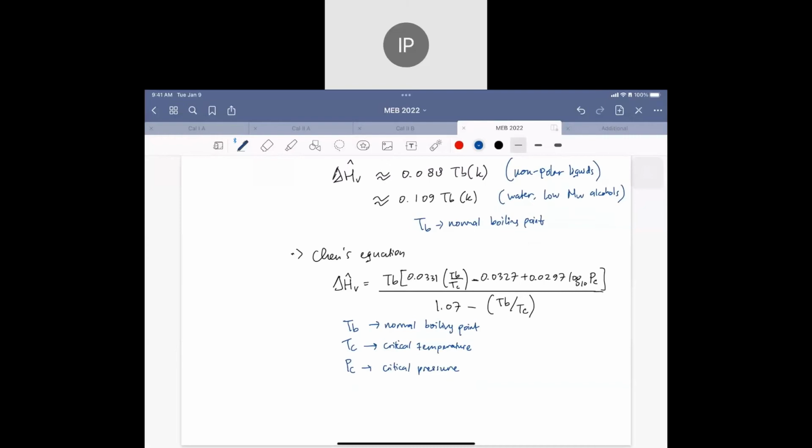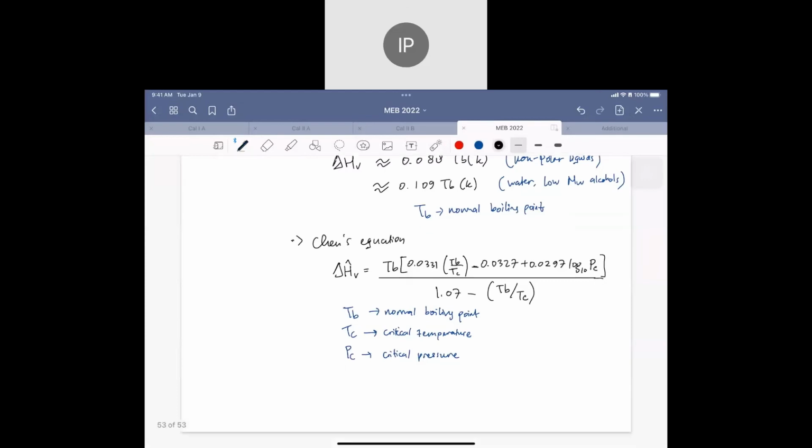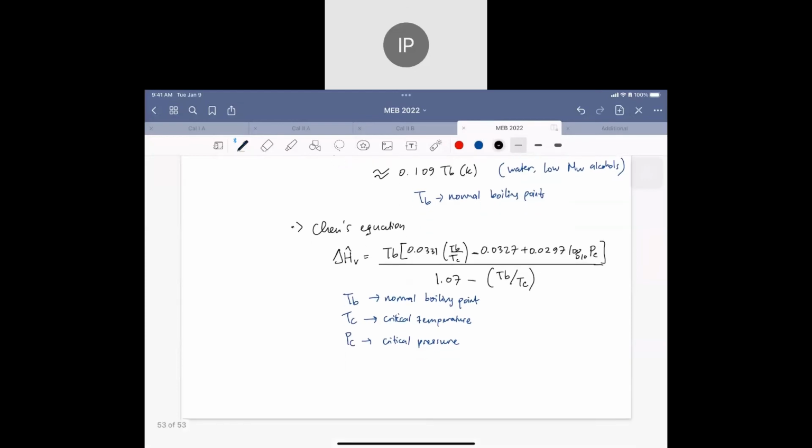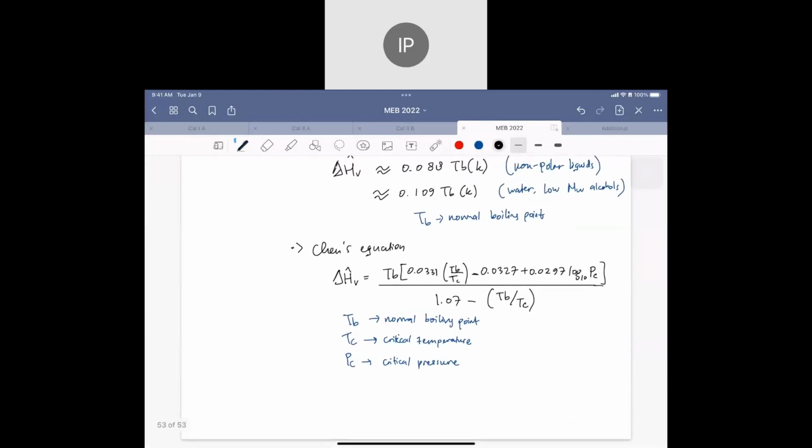Another way to estimate the melting or fusion is some equation that we might use.